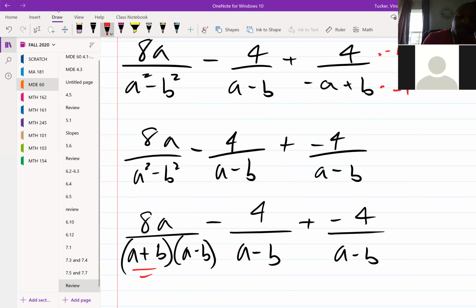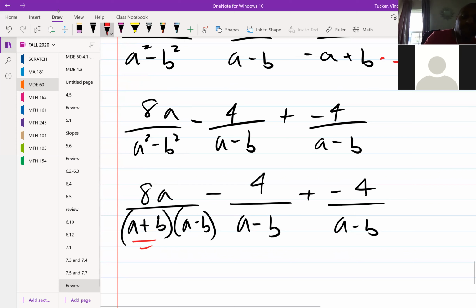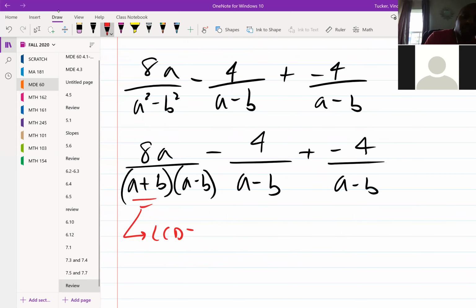So that lets me know that my LCD is a plus b times a minus b. And so I will multiply each one of the following denominators and numerators by a plus b.